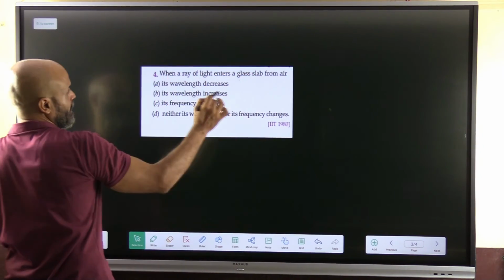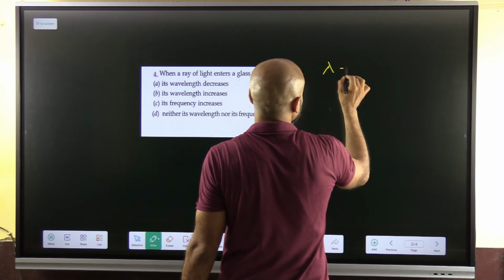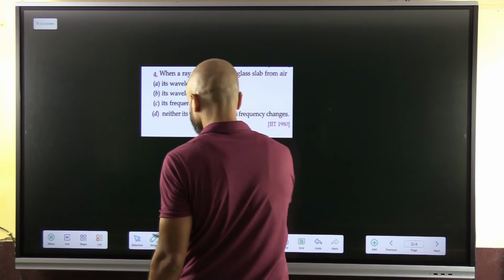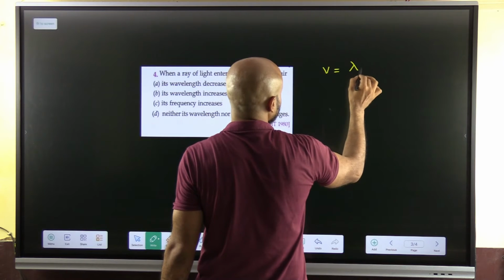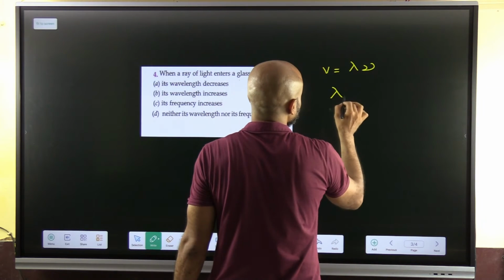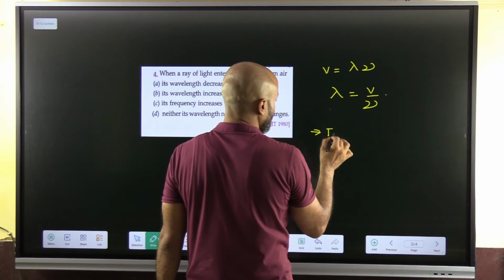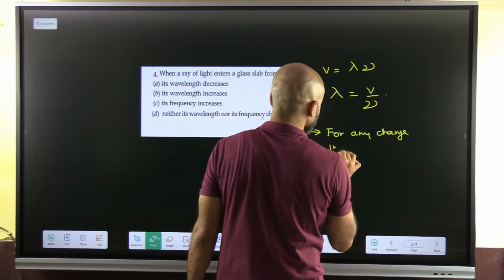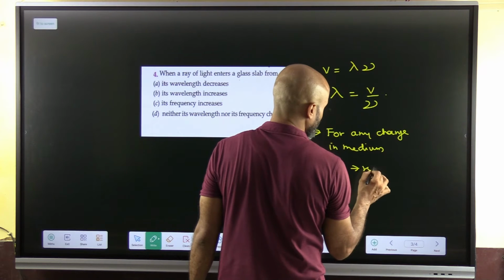Okay, so we have wavelength, or rather velocity. If we take velocity is equal to wavelength into frequency. Okay, so wavelength will be equal to velocity upon frequency. Now we know that for any change in medium, frequency remains constant.